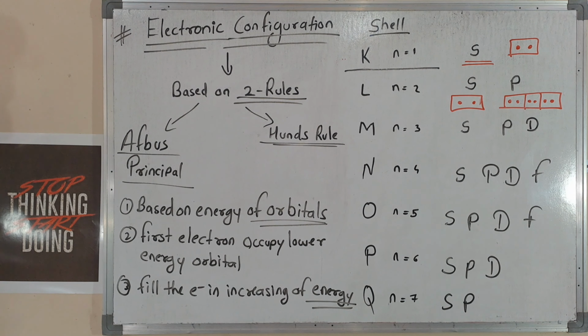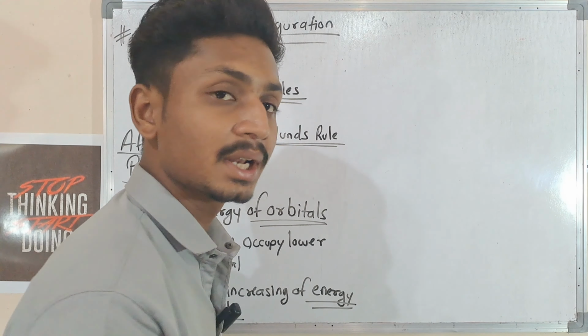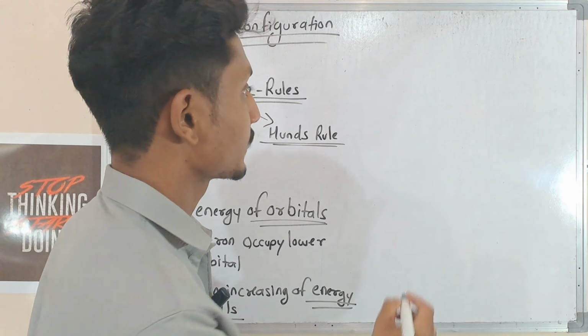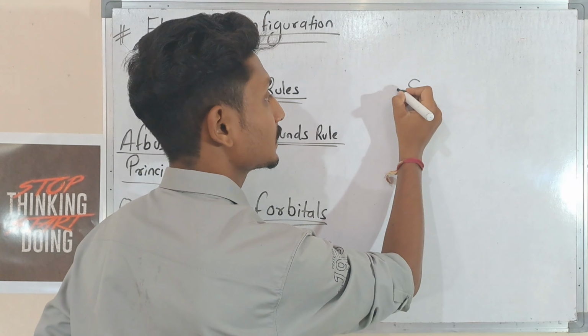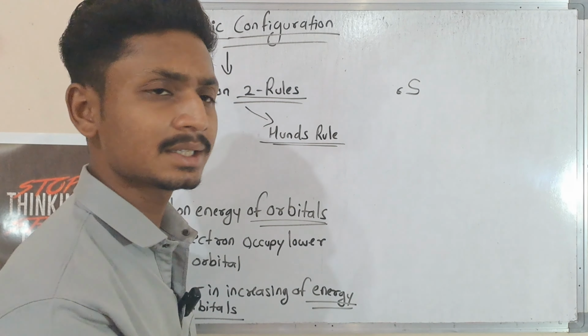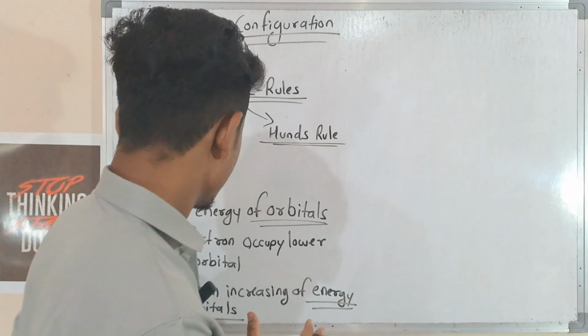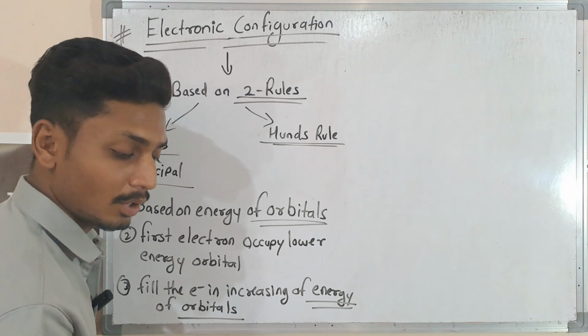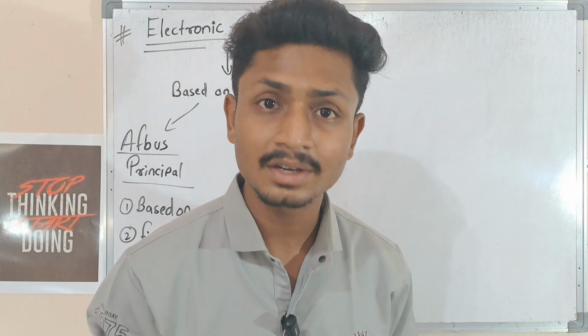See, every subshell has orbitals. This is subshell. When we write a number with subshell, for example 6, this is orbital. Based on energy of orbital, we have to understand which orbital has more energy and which has lower energy.